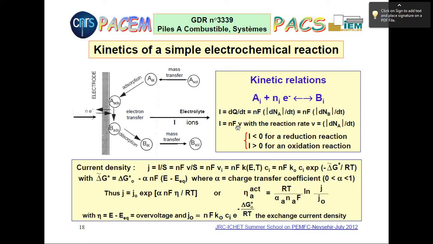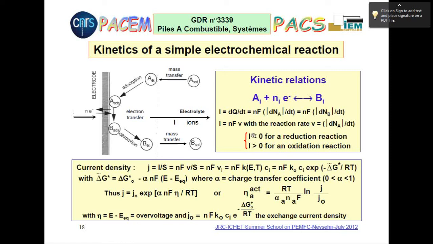And because the reaction is a surface reaction, we have to introduce the rate per unit surface area. So per unit square centimeter or square meter, so you divide by the surface area and you have the density of current, which is related to the intrinsic rate. Intrinsic rate means per surface area unit.